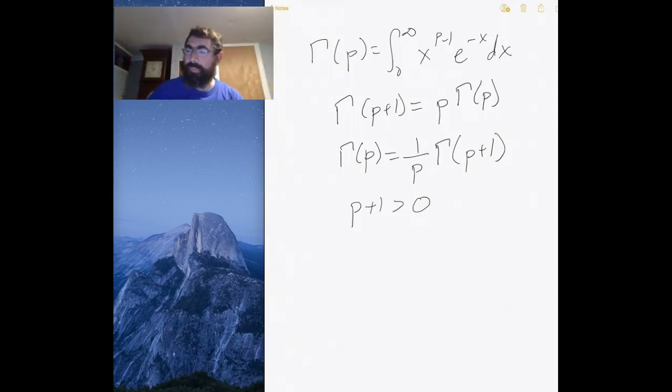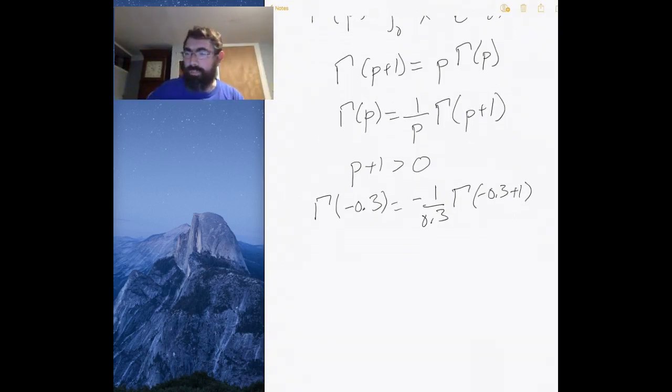For example, the gamma function of negative 0.3, I would write as negative 1 over 0.3, so that's the p, times gamma of negative 0.3 plus 1.